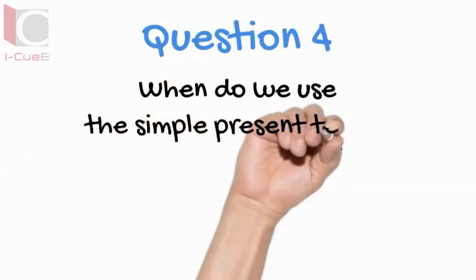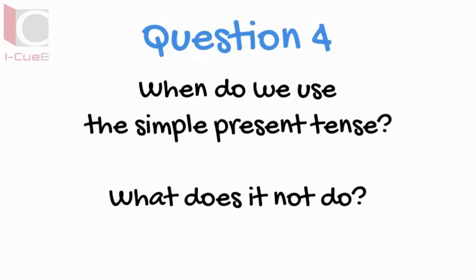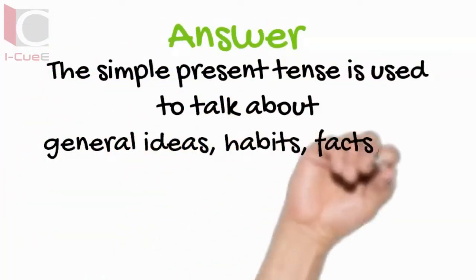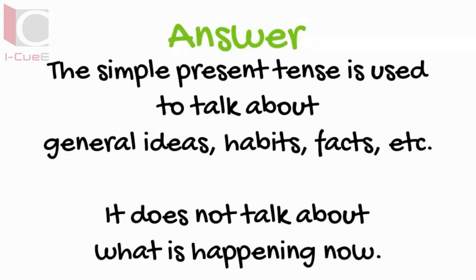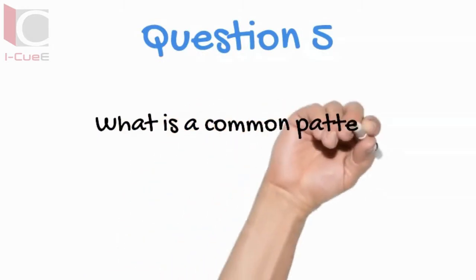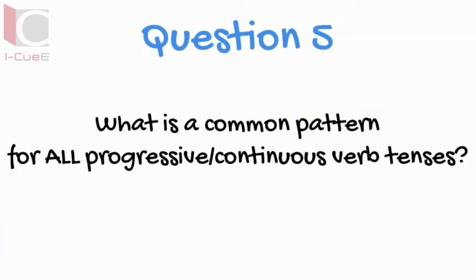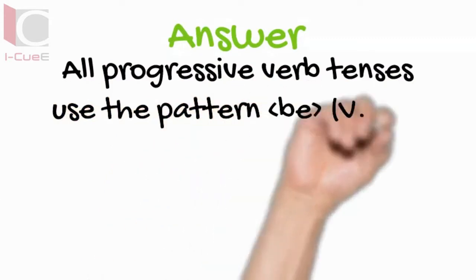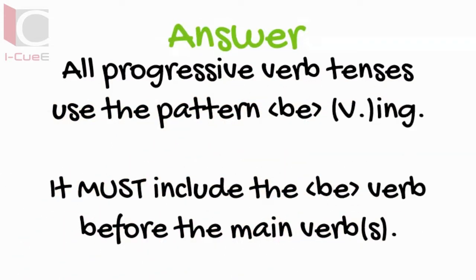When do we use the simple present tense? What does it not do? The simple present tense is used to talk about general ideas, habits, facts, etc. It does not talk about what is happening now. What is a common pattern for all progressive continuous verb tenses? All progressive verb tenses use the pattern be verbing.